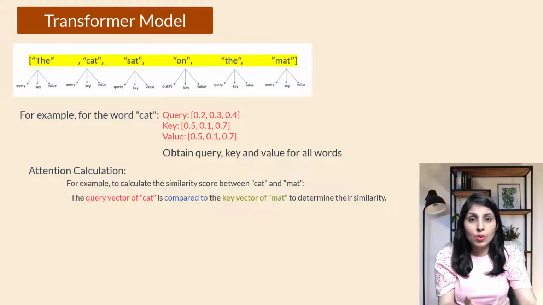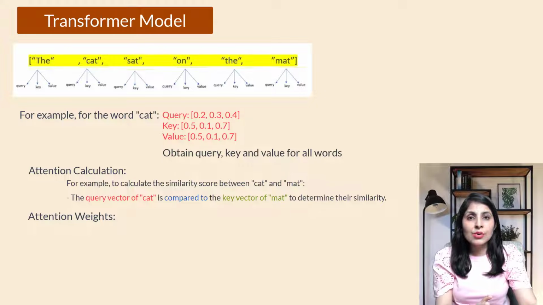As I've told you earlier, the query vector represents the word that is seeking information, or you can say attention from other words. The key vector, on the other hand, represents the word being evaluated or looked at by other words. The key vector holds information that can help determine the relevance of the word to the other words in the sequence.